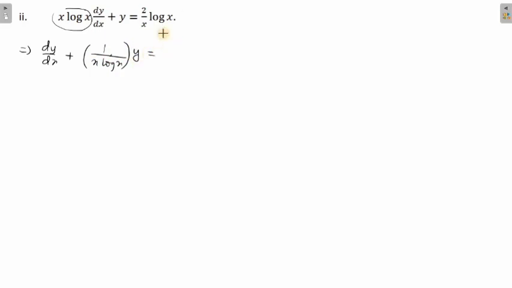Is equals to, see here, you have 2 log x by x, so that's what is given to us. Now on top of that, if you divide with x log x, log x and log x get cancelled, so this gives you 2 by x square.